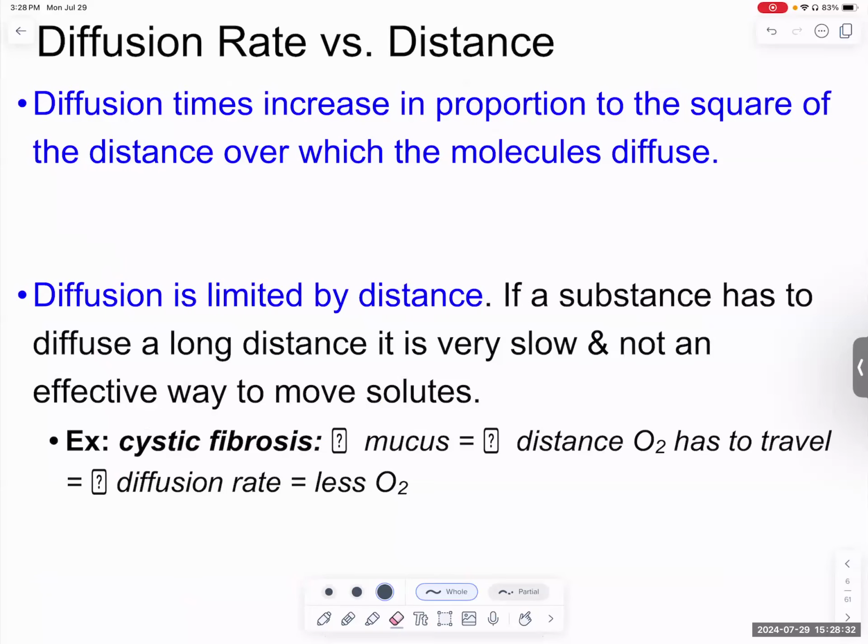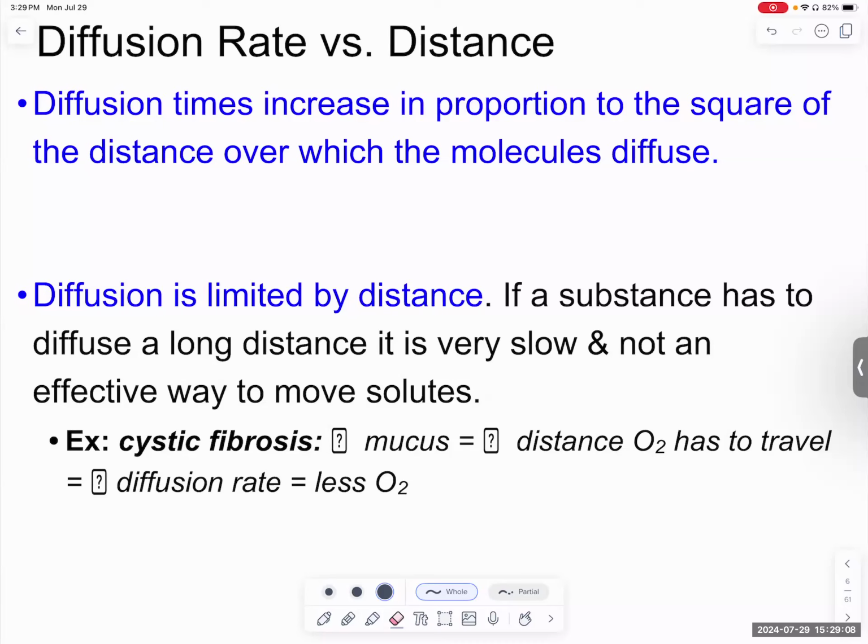So diffusion rate versus distance. Listen, diffusion only works for small distances in general, but the bigger that distance gets, the longer it's going to take to diffuse across. And so diffusion is really limited by distance. That's why we have a circulatory system, because diffusion doesn't work for very long distances. We need the blood to carry stuff large distances. But if a substance has to cross a long distance, it's really going to take a while for diffusion to happen, and it's going to slow things down.